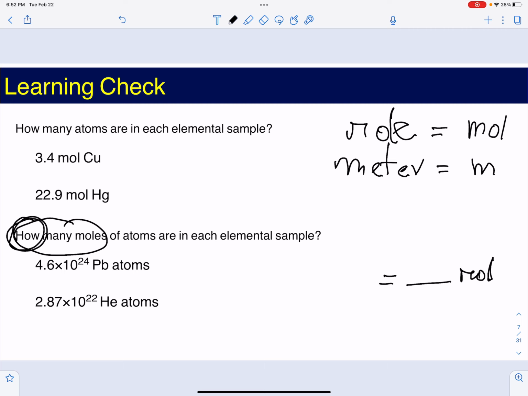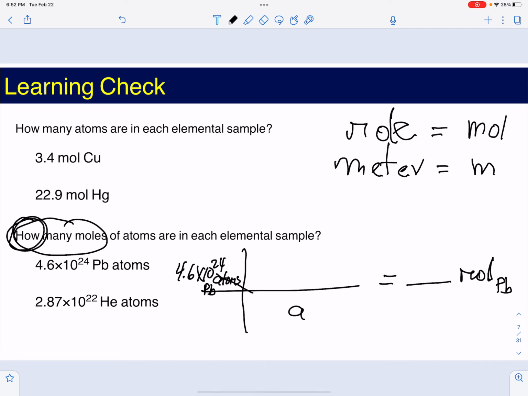So I'm looking for the number of moles of lead, Pb. So how can I do that? Given this many atoms of lead, I do not want the atoms because I want the moles, right?